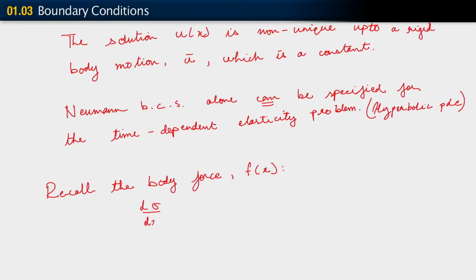It gives us d sigma dx plus f, and here I'll make it explicit that it depends upon position, is equal to 0. In this case, what I'm calling the body force, of course, is a term that is applicable only when we're doing elasticity. Okay, in more general problems, in more general PDEs, this would just be called the forcing function.